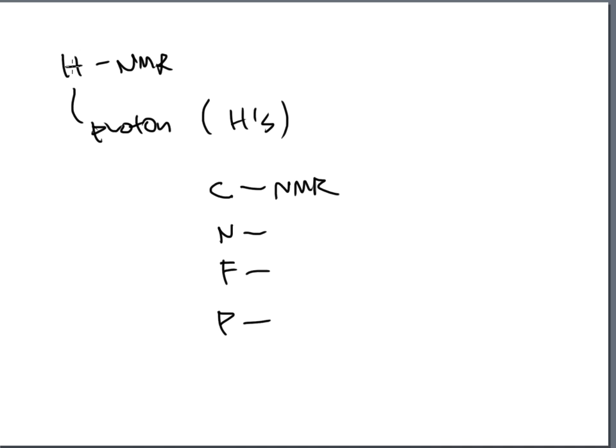And in HNMR, you are looking at hydrogens. What are hydrogens doing on the compound? CNMR will also be mentioned in this lecture series, and CNMR, of course, represents carbon. So we are looking at what carbon is doing in the NMR. And then, of course, there's all of these other variations out there as well that people like to dance with and tangle with.